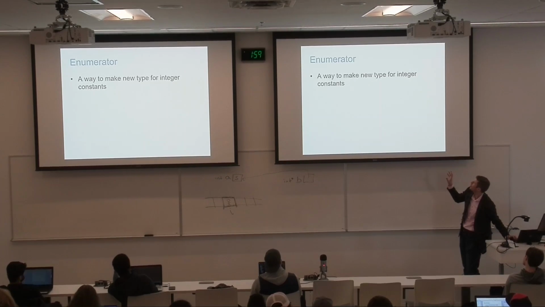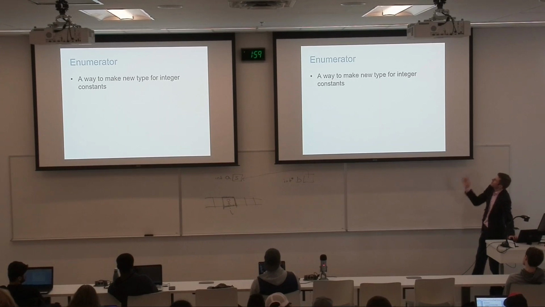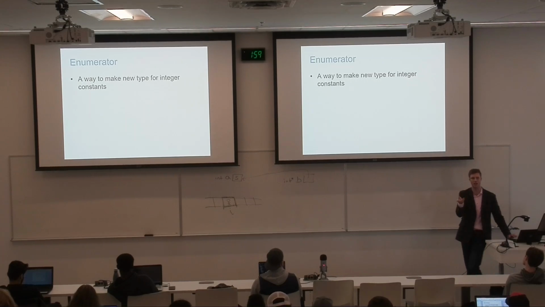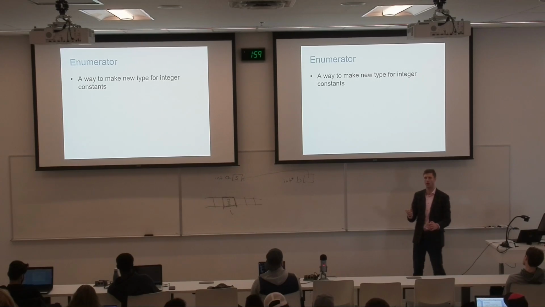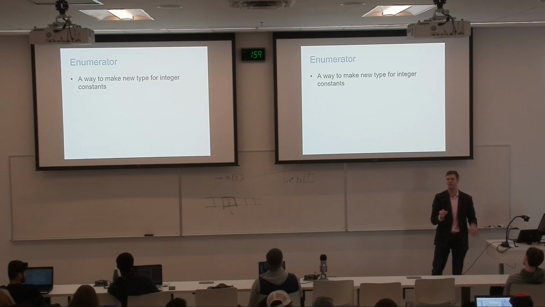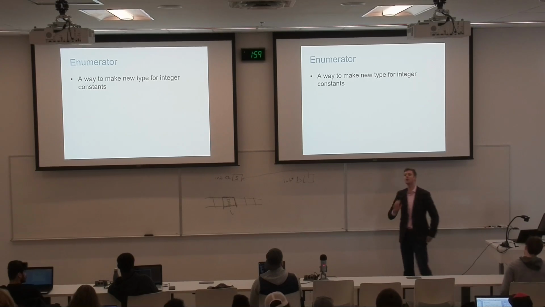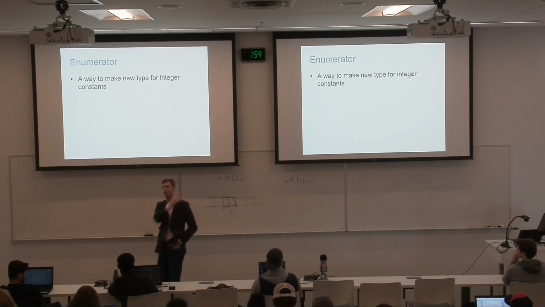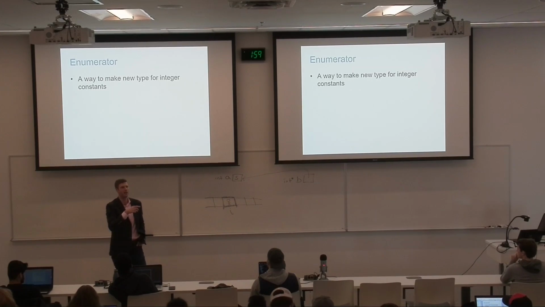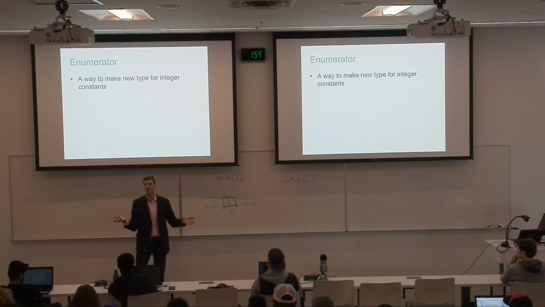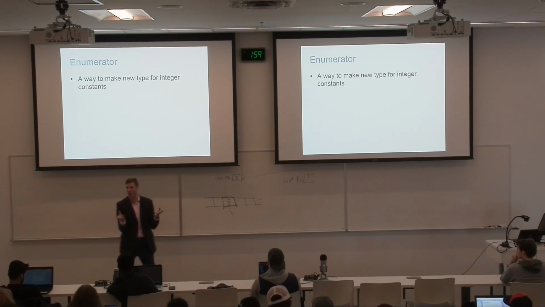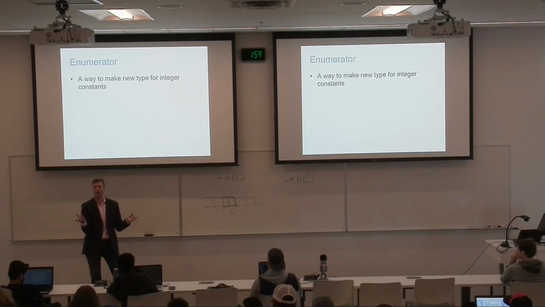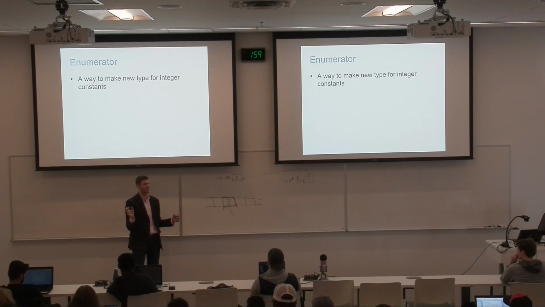Sometimes we want like a new type for integer constants, right? So I could create a constant. A good use of a constant could be, remember in my find method in the previous slides? Find returned the index of where the thing was, or -1 if it didn't exist. But what I could have done is I could have made a constant that was like not underscore found, and set it to like -1.